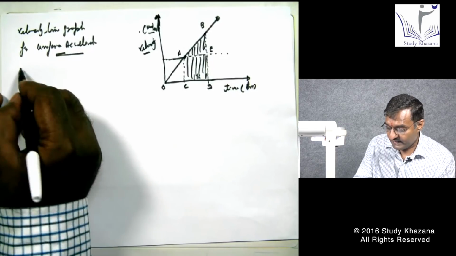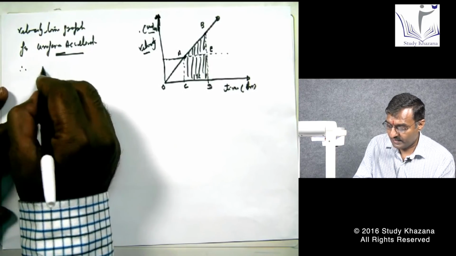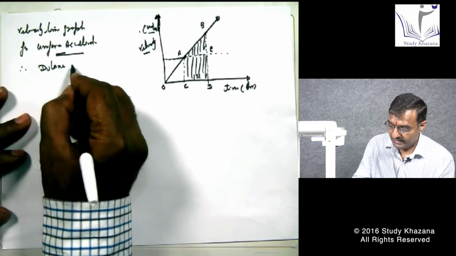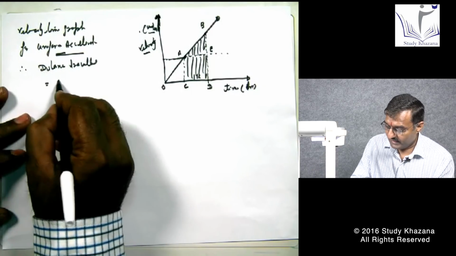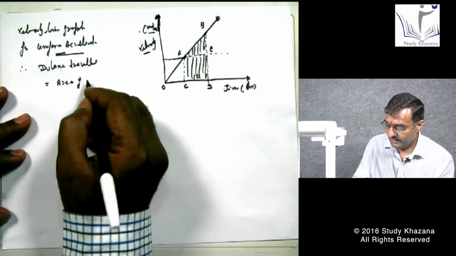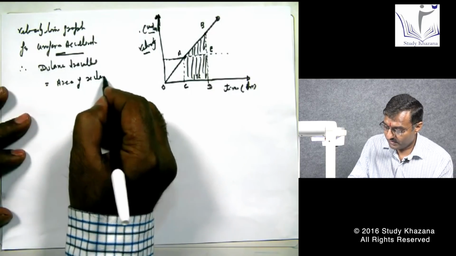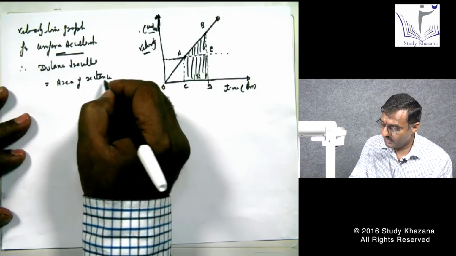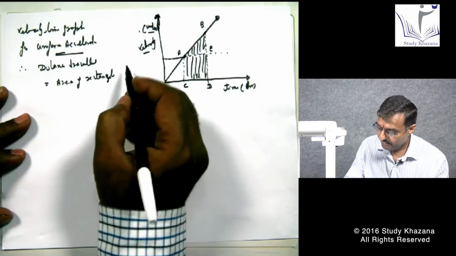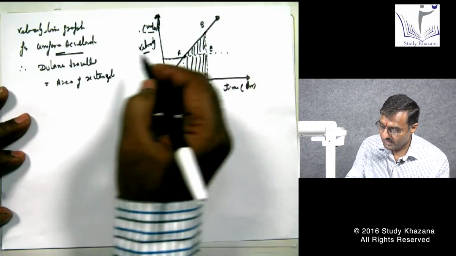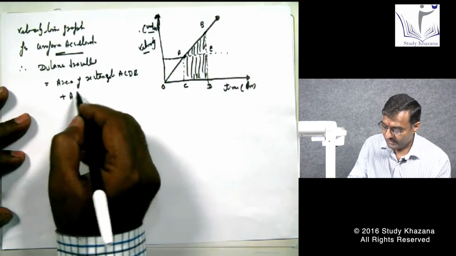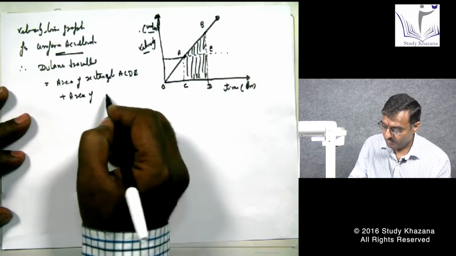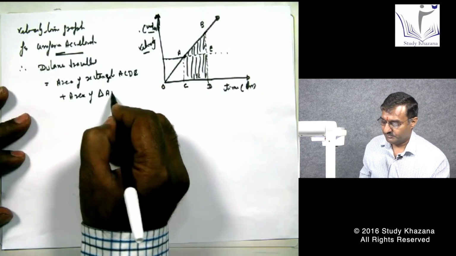In this graph, the distance traveled is given by the area of rectangle ACDE plus the area of triangle ABE.